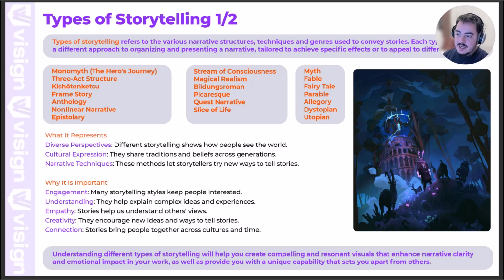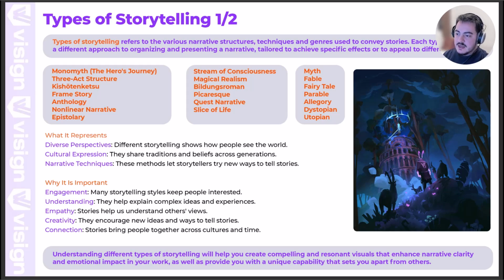The Kishotenketsu basically comes from Japan as well. It's a sort of storytelling. Frame story, basically, is where you're telling stories with each frame, and the story develops with each frame. It's an interesting area that you might want to look into, because there's not a predefined type of narrative. You basically build a narrative as you go. You have anthology, for example, which you guys know what it is.